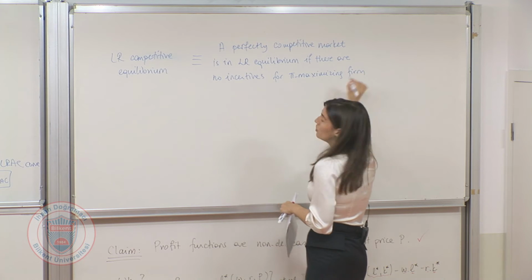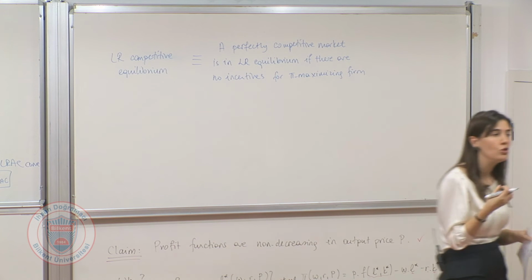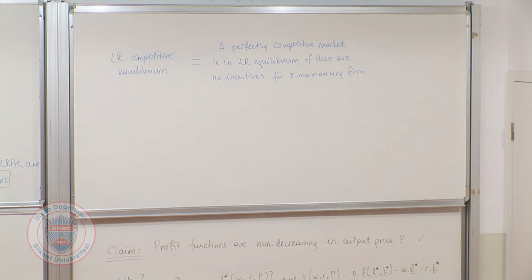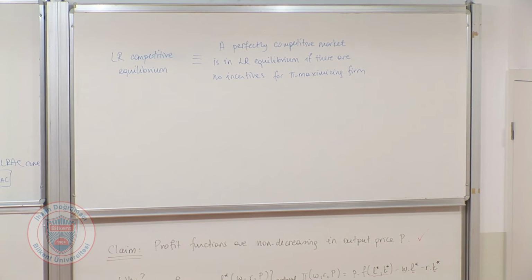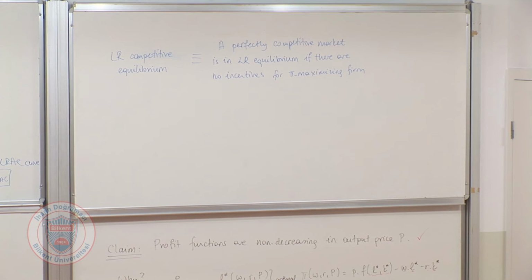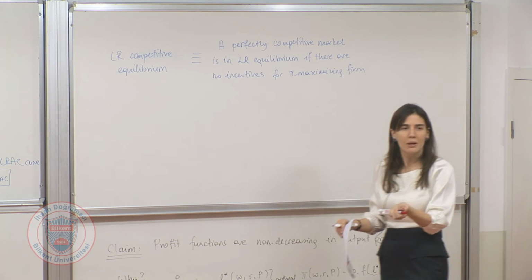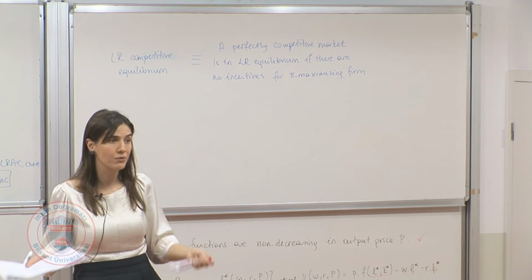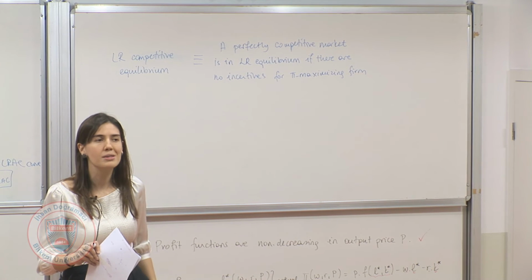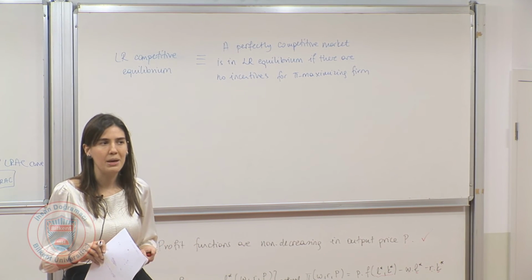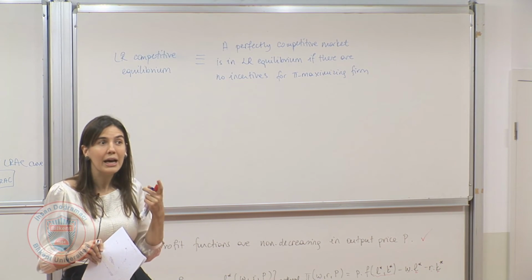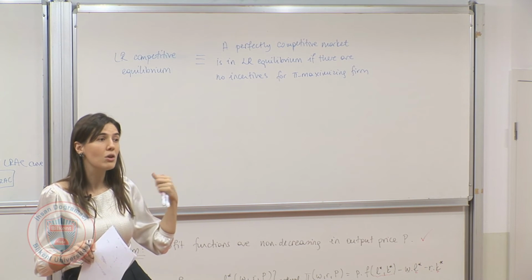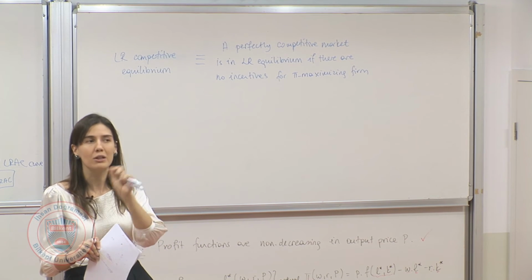But again, don't forget that meaning that you're making zero profit, it doesn't mean that you're not making any money, okay? This is zero, what we call economic profit, okay? So you might remember, again, you can be paying some money for yourself, for your dad, and for your workers, okay? So it doesn't mean that you are making a loss, because here in the long run, we don't even allow for an economic loss.